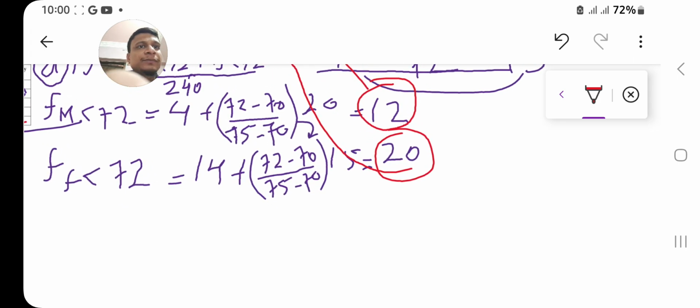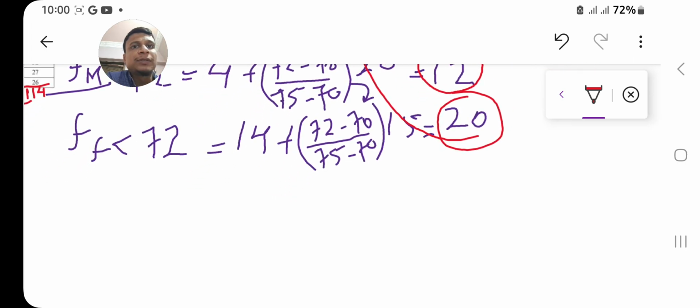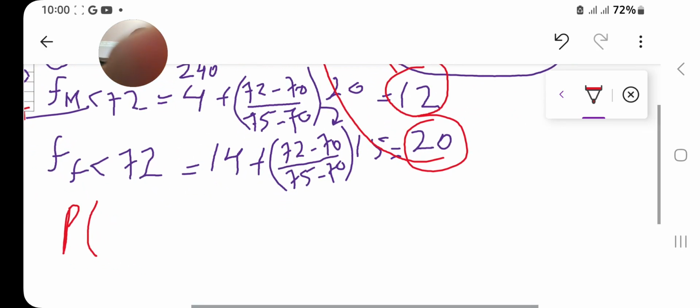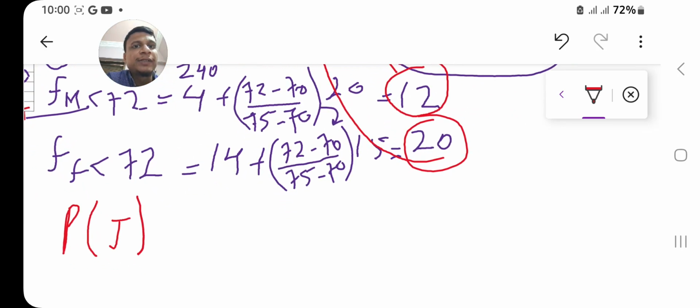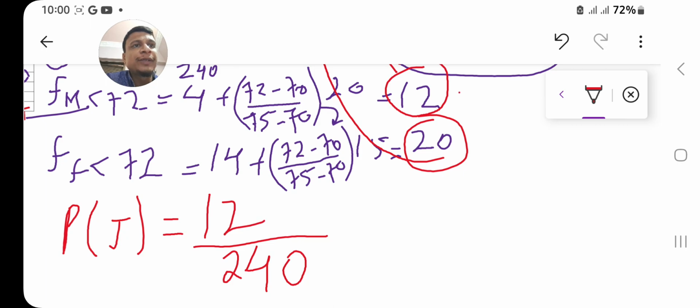So for the probability of juvenile, less than 72, we know the total sample space is 240, and for the male less than 72 it is 12. Favorable outcomes I am writing on the upper side, the numerator, and for females less than 72 it is 20.